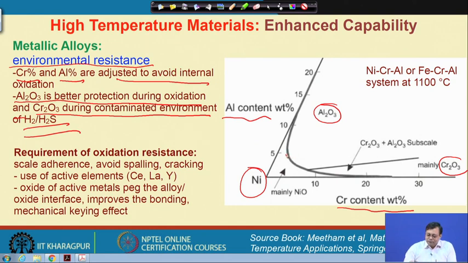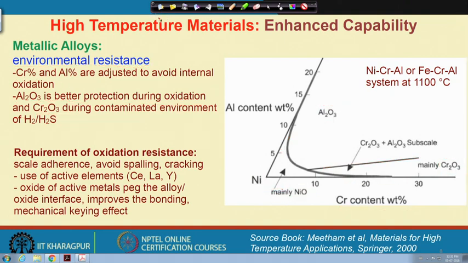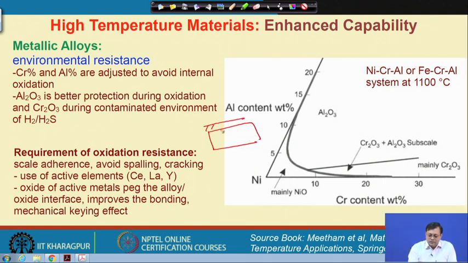So, let us say if we increase alumina content, then instead of forming nickel oxide we will get mostly alumina on the top, whereas if we increase chromium content we will get chromia, but there are some boundary and so on. So, the basic requirement is that we have an alloy and the oxide scale, and which one will dominate depends on the aluminum content or chromium content.